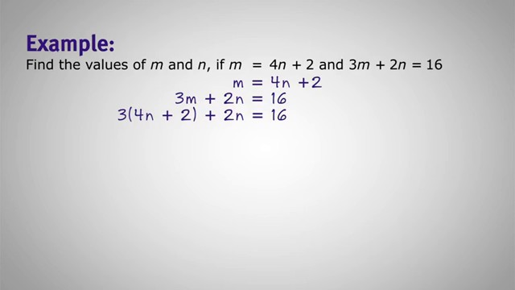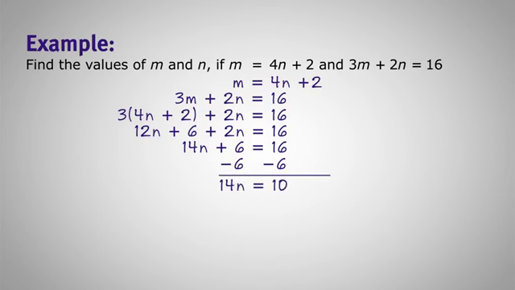Let's distribute our 3 to get 12n plus 6 plus 2n equals 16. Now we can combine our like terms. 12n plus 2n equals 14n. Subtract 6 from both sides to equal 10.